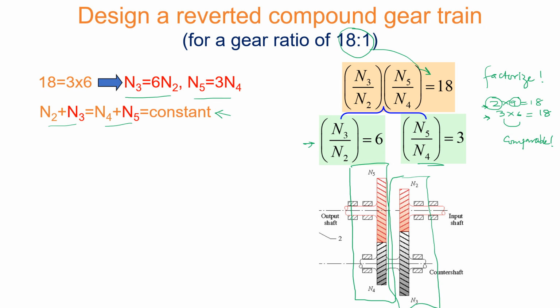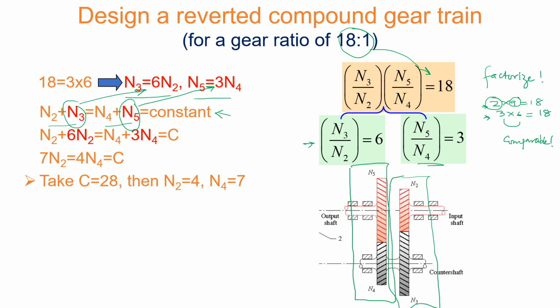When you plug in the N3 value from this expression and N5 from this expression, you would say that 7N2 should be equal to 4N4, and that should be equal to a constant C. If C is taken to be 28, for example, then N2 would be 4 and N4 should be equal to 7, obviously because of this expression that we have just derived.